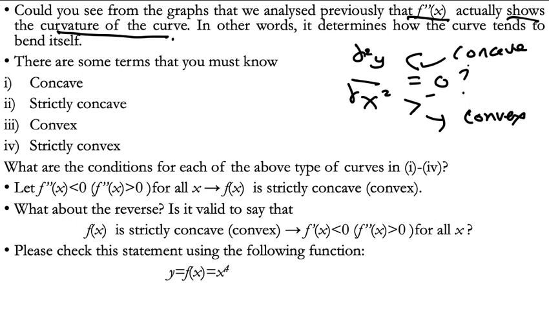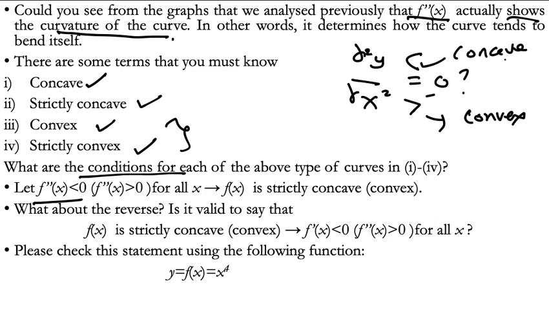Okay, now there are some terms that you must know. Okay, concave, strictly concave, convex, strictly convex. But what's the difference between convex and strictly convex? Then we are looking at the conditions for each of the above type of curves. So here, let's say f double prime of x is less than 0.